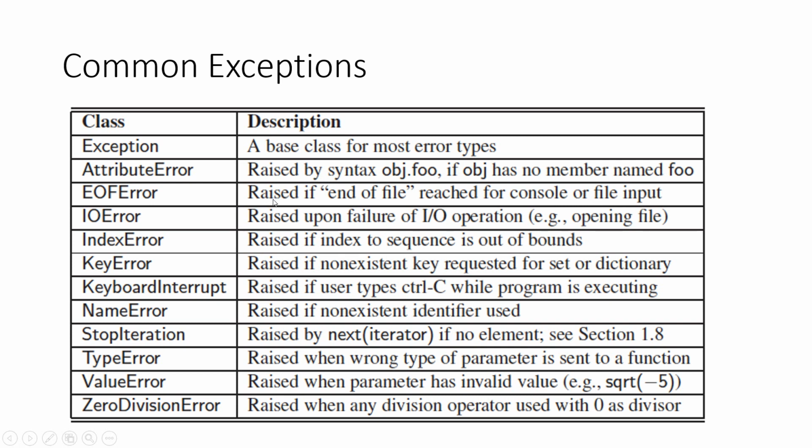Like this, we can easily handle exceptions by using the predefined classes. Very importantly, we also have ZeroDivisionError, which is raised when the division operator is used with zero as a divisor.